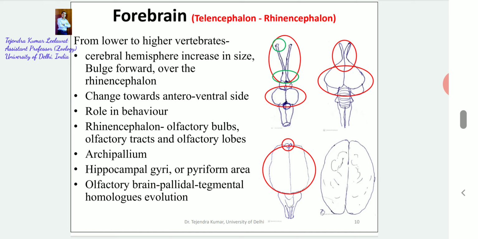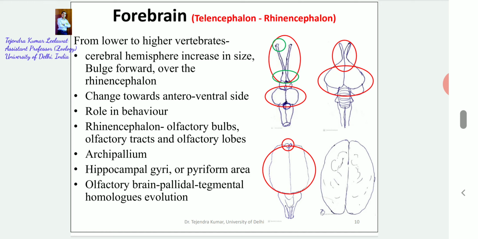And the last green circle shows the olfactory lobes. This type of structure is called archipallium, because archi means primitive. So archipallium is a primitive structure present in Pisces and amphibians, whereas in higher animals it changes and converts into different structures.